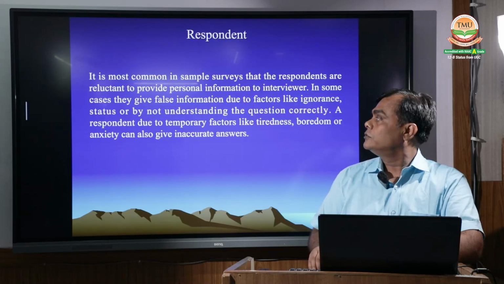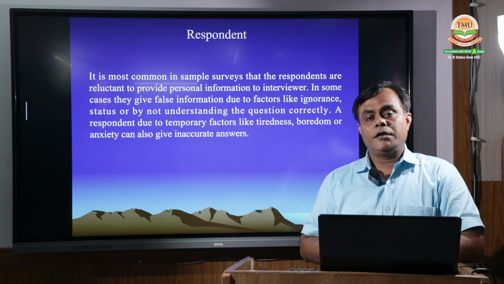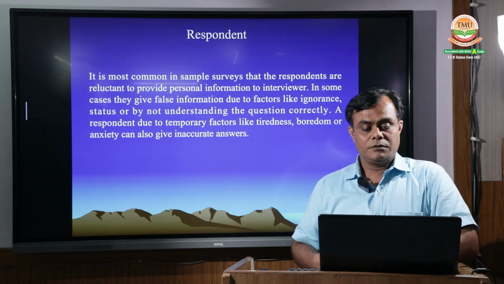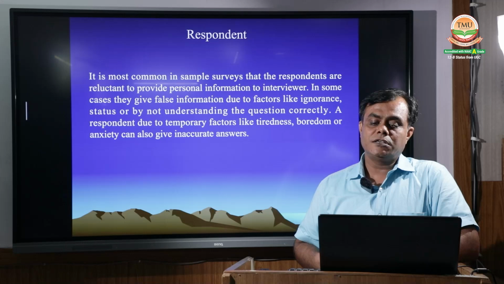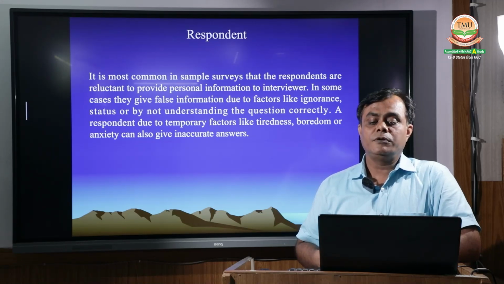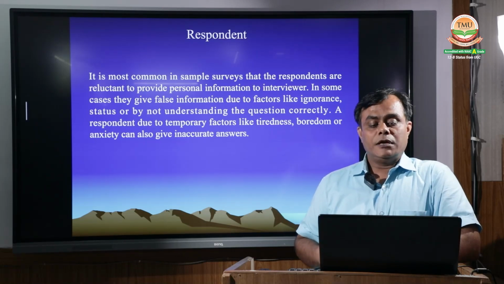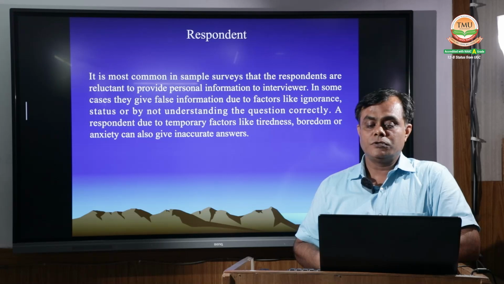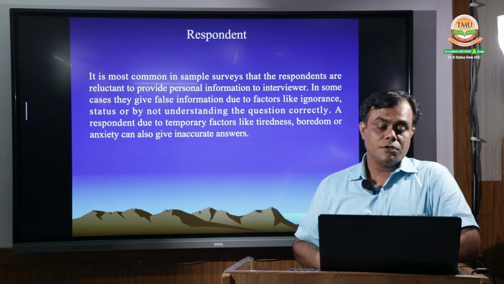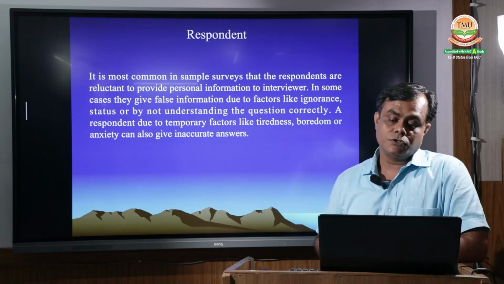So first we go through error due to the respondent. It is most common in a sample survey that respondents are reluctant to provide personal information to interviewers. In some cases, they give false information due to factors like ignorance, status, or non-understanding of the question.